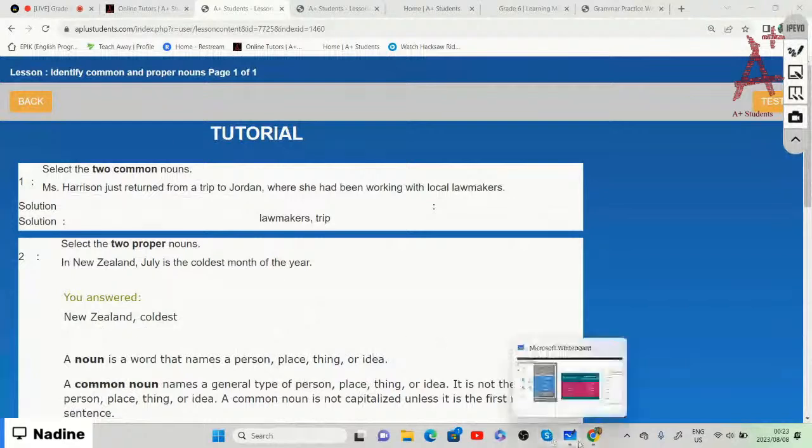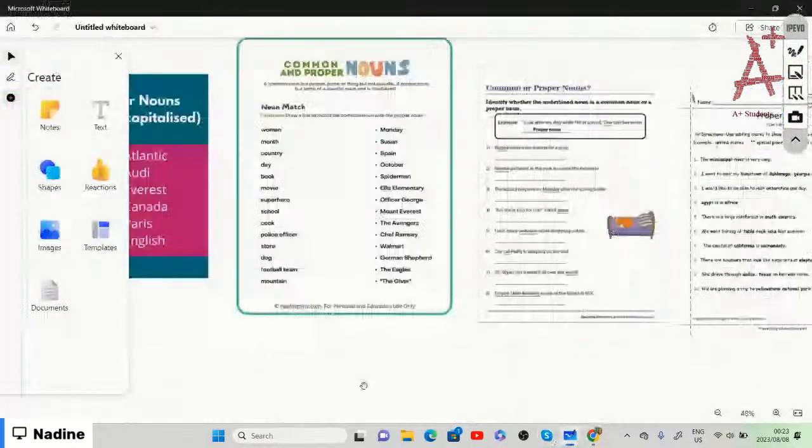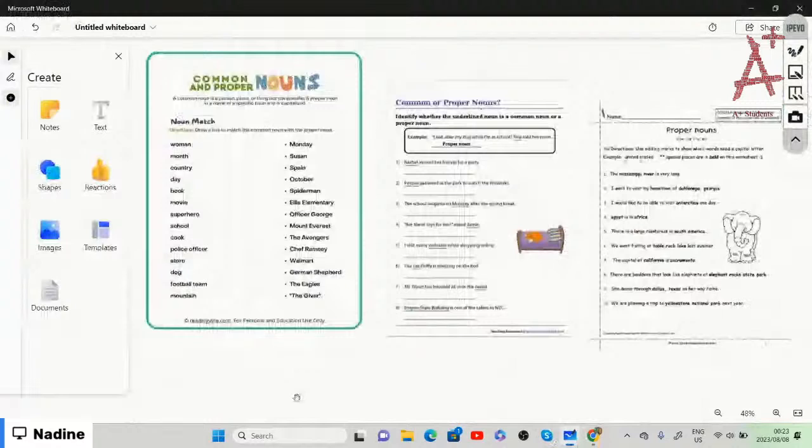Going back to our whiteboard, we're going to do a few activities, almost like a few sums of the activity. And then we will go on to our test.